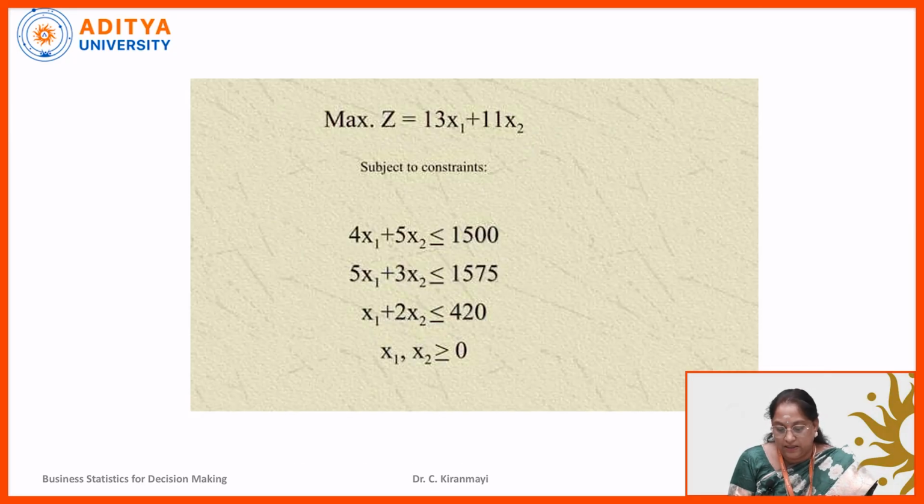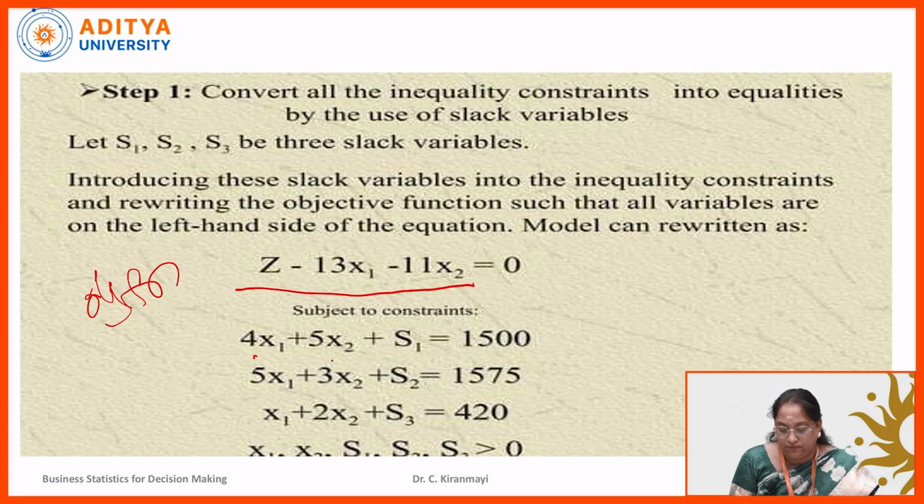The first one is 4x1 plus 5x2 less than or equal to 1500, therefore 4x1 plus 5x2 plus s1. Since the first inequality is less than type, I have added the first slack variable to it in order to transform it into an equation.